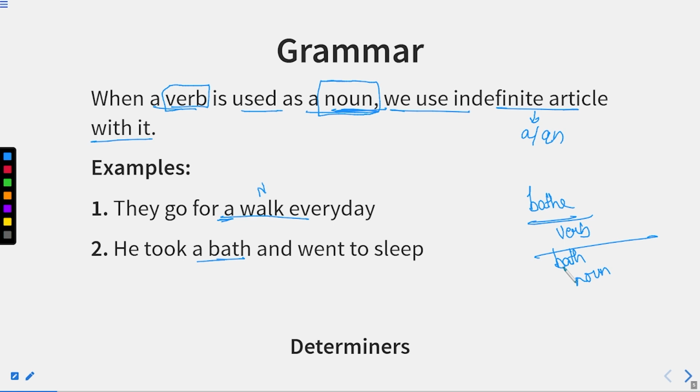Bathe is a verb and bath is a noun. This is very basic but important rule as well. So if anyone asks you that what part of speech is bath, that is a noun. Here, this is not a verb behaving like a noun. Here, bath is of course a noun only. So he took a bath and went to sleep. Now let us move to the next one.